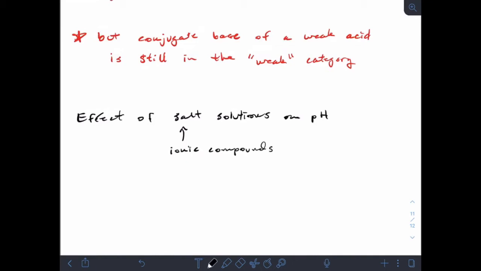In other words, we need a metal. Remember, a defining characteristic of an ionic compound is the presence of a metal in the formula. So we're talking about things like sodium chloride or barium hydroxide. Right? Things of that nature. They're ionic compounds because they have a metal in the formula.